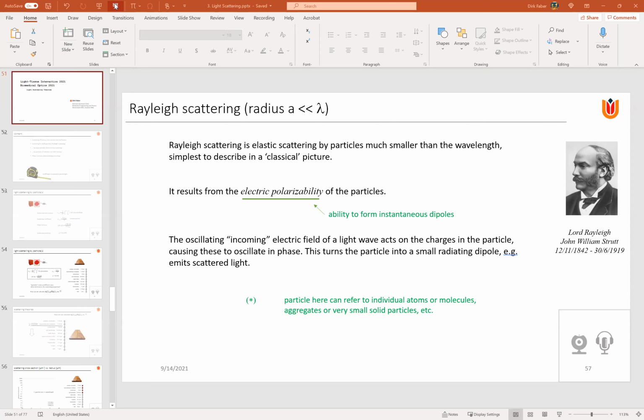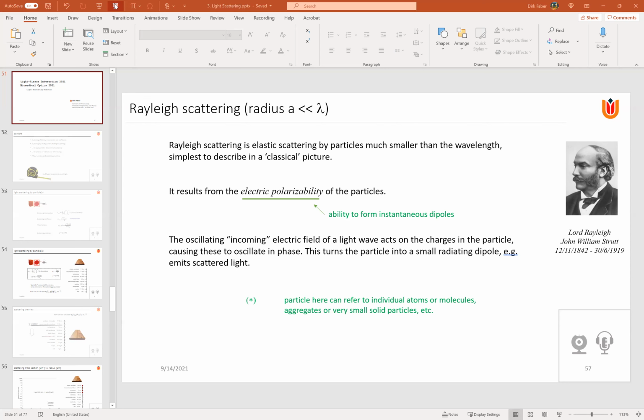As that acts on the particles, these dipoles will start to oscillate. They will start to oscillate in phase, and that turns the particle itself into a small radiating dipole, and that will mean that it will scatter light, that it will emit light.